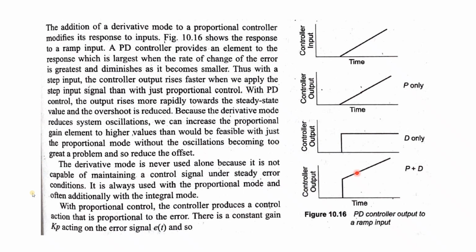Under that condition, the derivative controller operates only in a way that the signal is proportional to the rate of increase of the error, but actually the magnitude at which the rate of increase is happening, that it cannot control. It can control only the rate of increase. So the magnitude has to be multiplied with it. So that is why the proportional gain has to be there. So that is why proportional control is added with the derivative controller, because the proportional parameter is also required, isn't it?